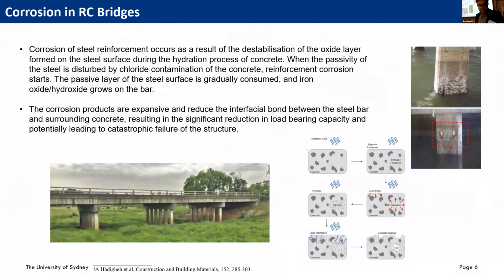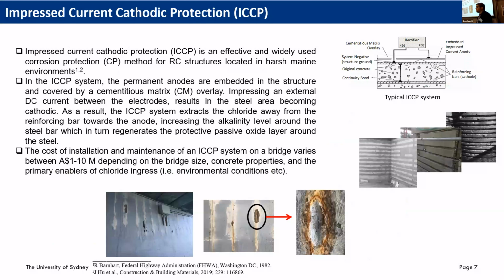Based on that, for example, Transport for New South Wales and obviously other road authorities have different types of methods, as I said, preventative methods and so on. But one of the interesting works that they do is using cathodic protection for already damaged structures.